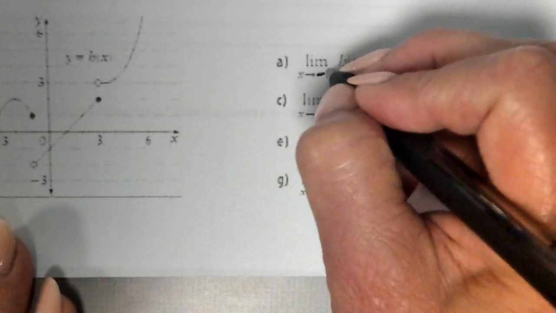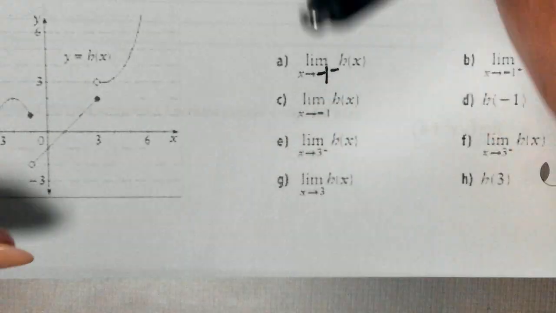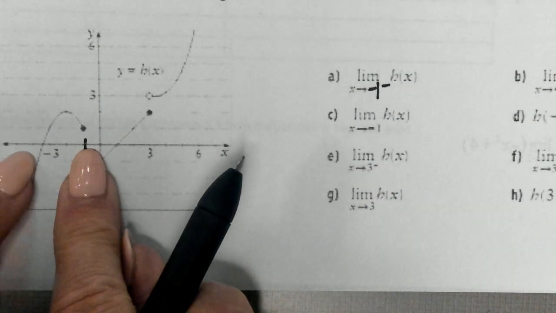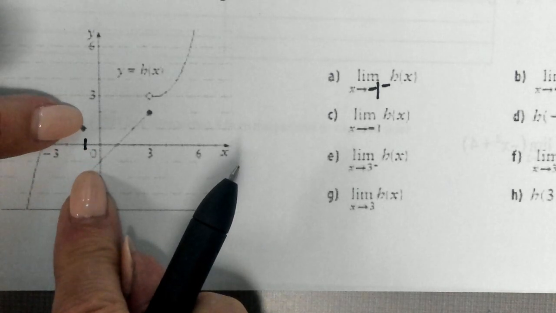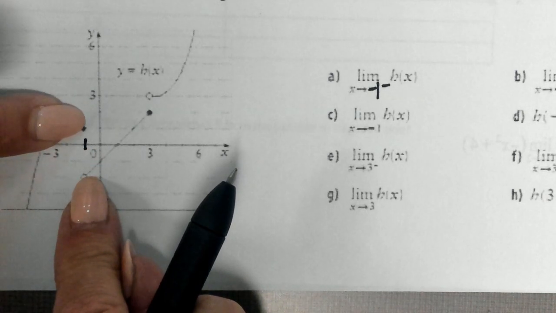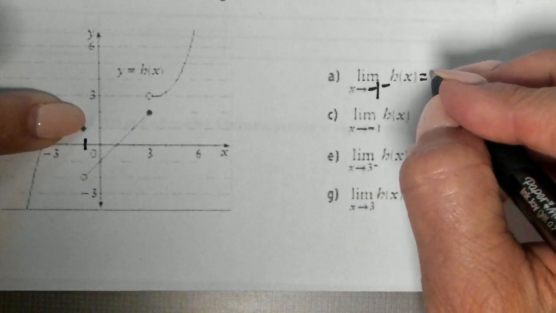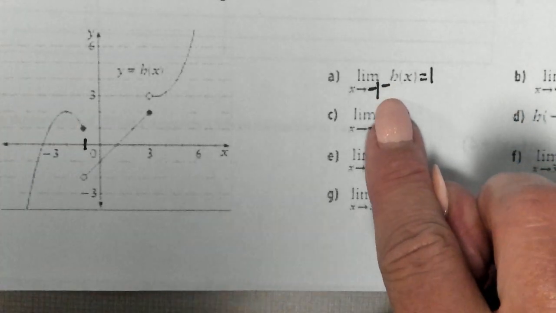This is a negative 1 from the negative side, which means I am approaching negative 1 right here from this negative side. And as I am approaching from that side, my y value is approaching a positive 1. Because I'm just talking about just this one side.